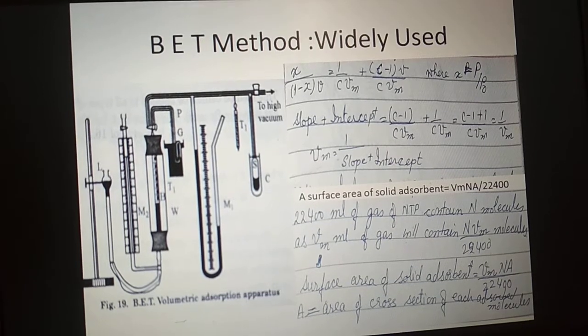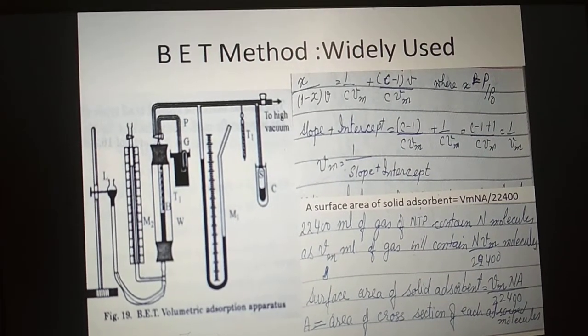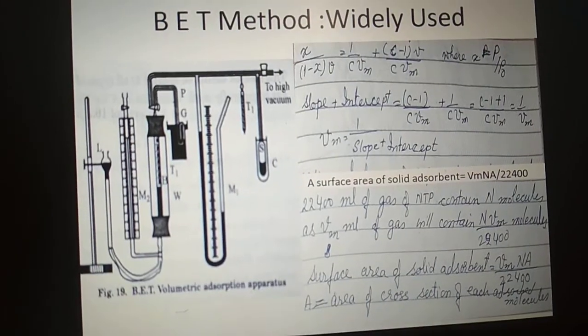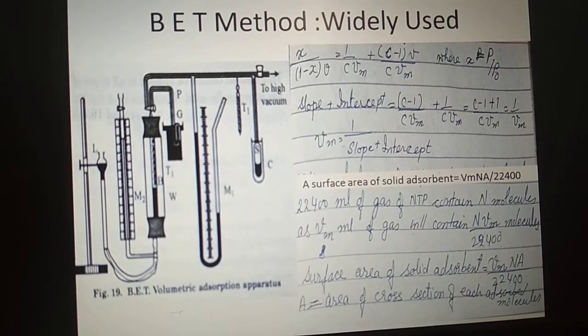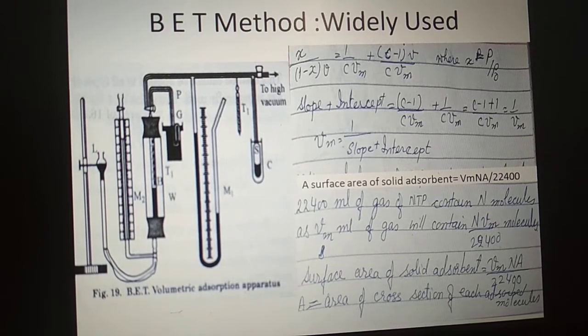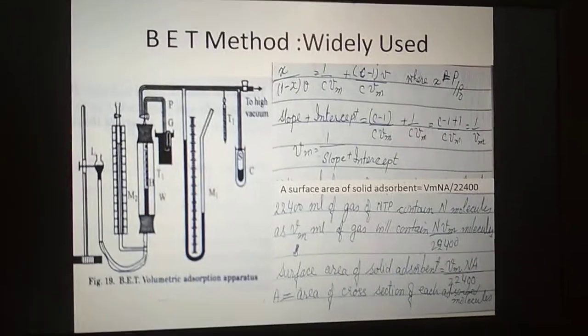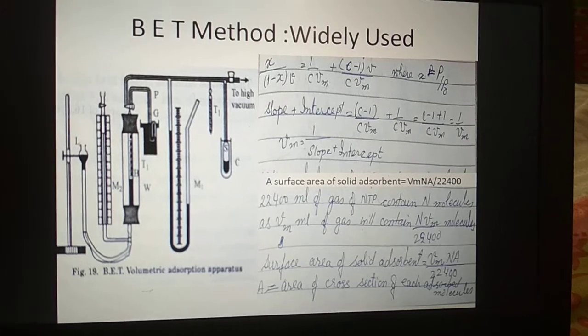BET method is the most widely used method using the BET equation where X is equal to P upon P0. Slope plus intercept is equal to (C minus 1) upon C Vm plus 1 upon C Vm, which gives 1 by Vm.